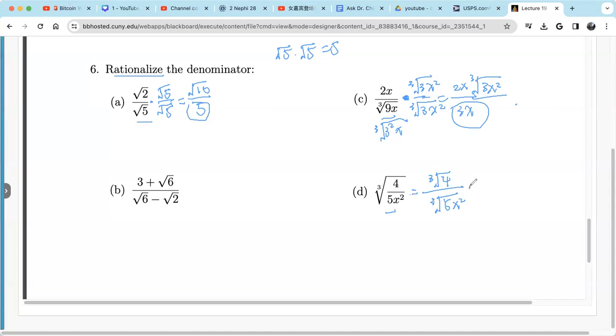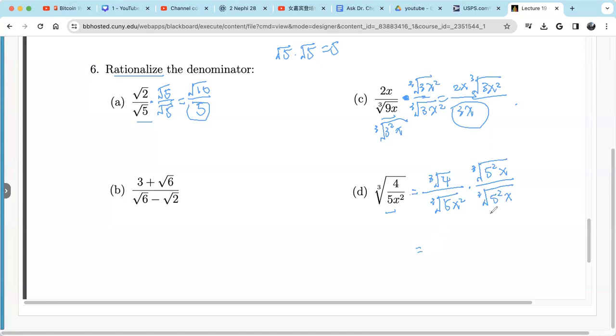So for a similar reason, we want to multiply by cubic root of, here we only have 5 raised by 1. So maybe we do 5 raised by 2, because 5 times 5 squared, that's 5 raised by 3. The x squared is there, so we only need to multiply by x. So we're going to do the same for the numerator and for the denominator: cubic root of 5 squared x.